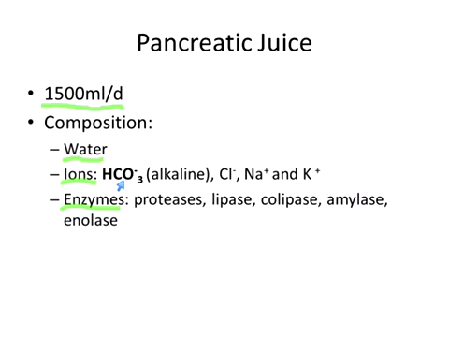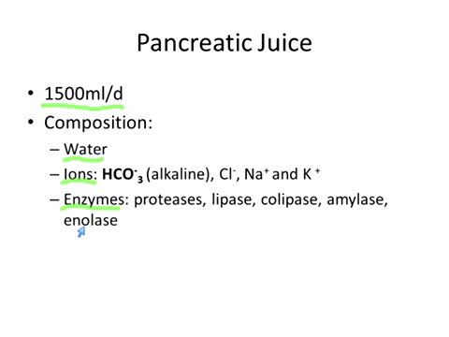The enzymes themselves are involved in the digestion of proteins, that's the proteases, the digestion of fats, the lipase and colipase, as well as the digestion of carbohydrates, amylase and enolase. The enzymes within pancreatic juice exist in both their active forms and inactive forms.